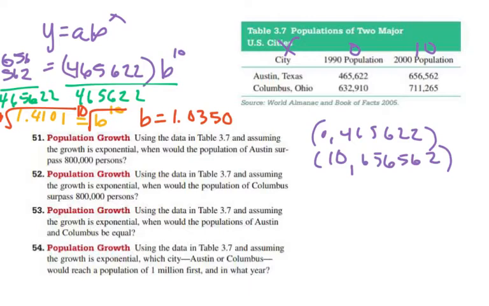So that means that for number 51, our equation is going to be y equals 465,622, and then times b, which we just got, 1.0350 to the x.